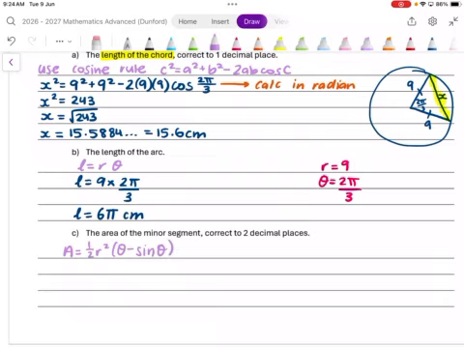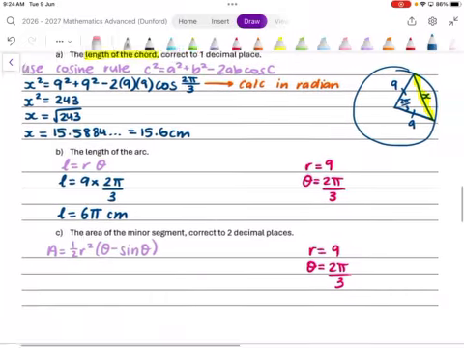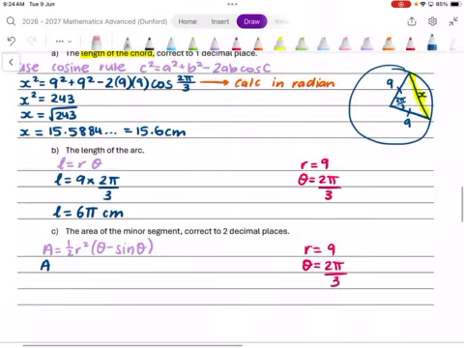So we have that again, our r is 9, our theta is 2 pi over 3. So we're going to have A equals a half times 9 squared lots of 2 pi on 3 minus sine 2 pi on 3. Now this question is nice to us.